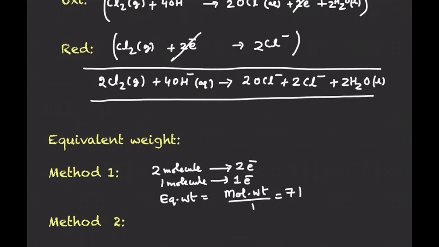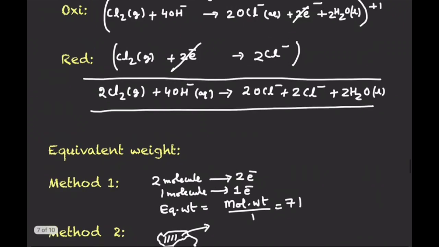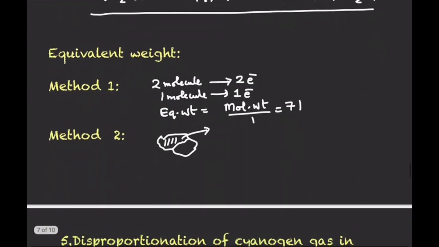By method 2, we separate the two parts and calculate the equivalent weight of the two parts separately. When chlorine participates in the oxidation reaction, one molecule is losing 2 electrons, so X factor will be 2. When chlorine participates in reduction, one molecule is accepting 2 electrons, so X factor will be 2.